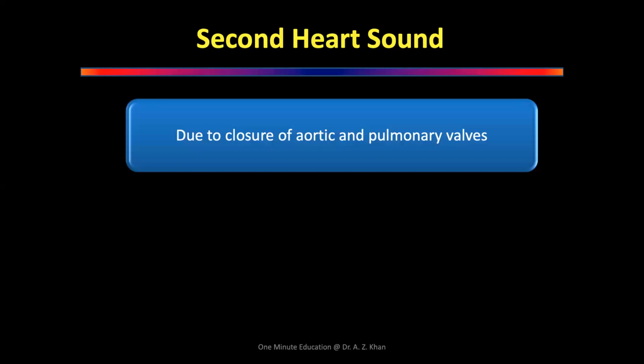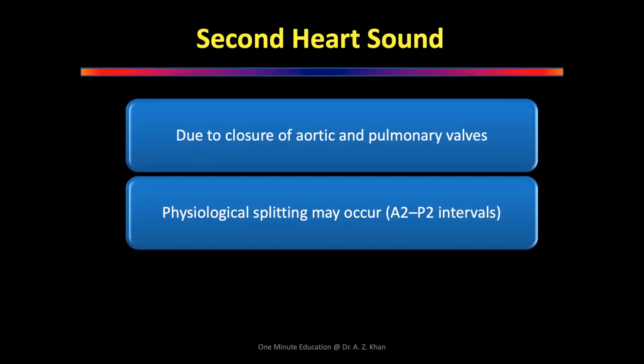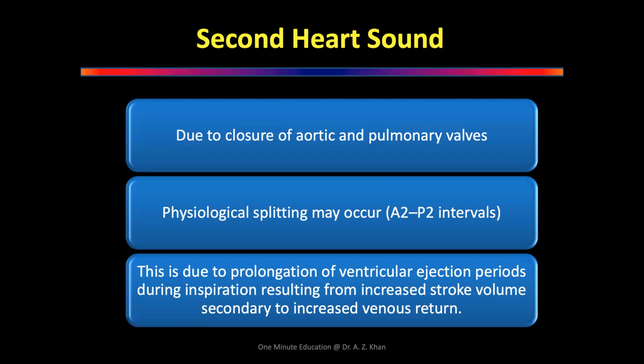And there is a concept of physiological splitting of the aortic and the pulmonary valve, which is A2 P2, and we'll talk about that a bit later, okay? So this is due to prolongation of ventricular ejection periods during inspiration, resulting from increased stroke volume, secondary to increased venous return. Okay, just stay with this information.